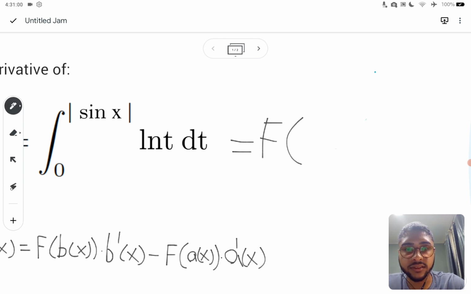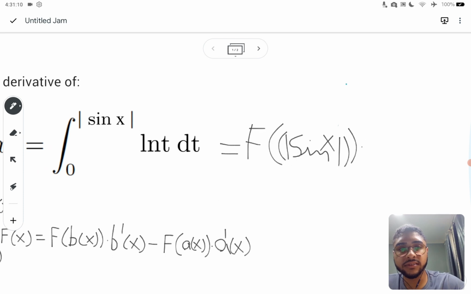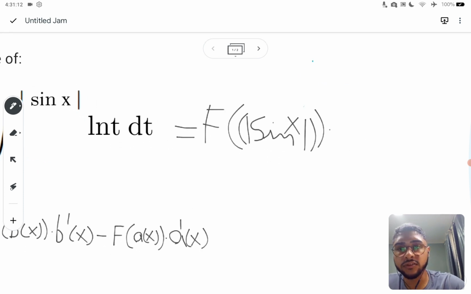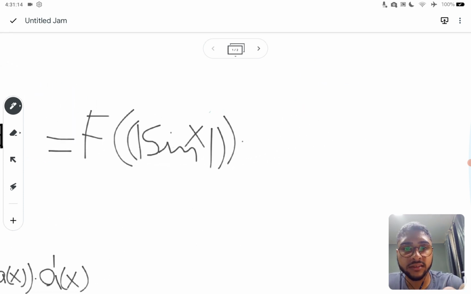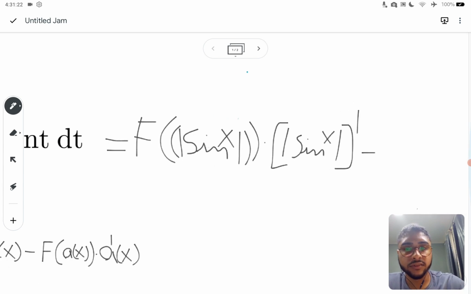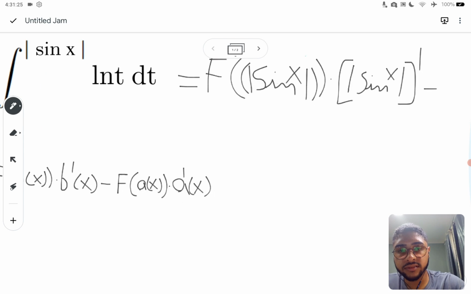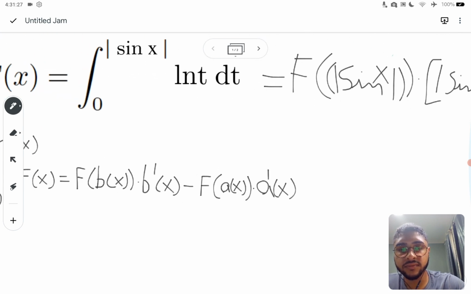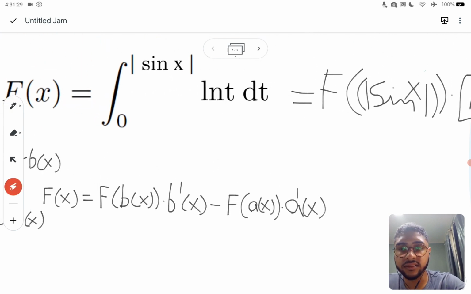Then this will be f of the modulus of sine x times the derivative of the modulus of sine x, minus f(a(x)) times the derivative of a(x).